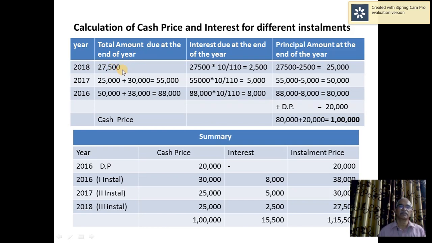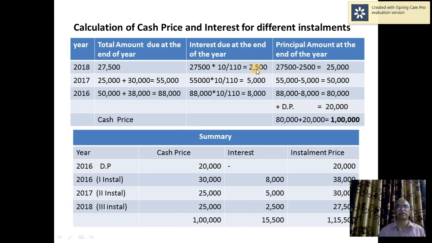This includes interest also. So you calculate the interest in the following way: 27,500 into 10 divided by 110, because interest is also included in this. Supposing the cash price is 100, interest is 10, so totally 110. So 27,500 is equal to 110, and of that, what is 10?